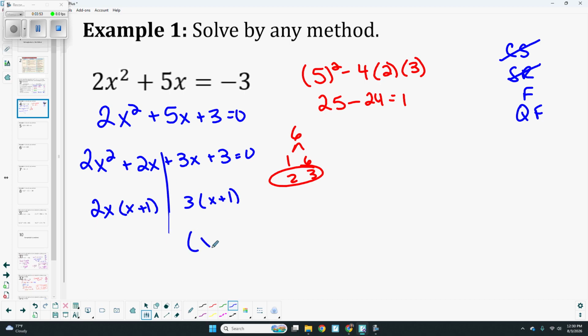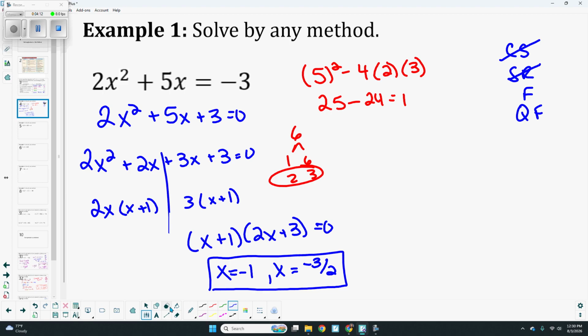So we're going to get x plus 1 times 2x plus 3. Solving each of these, x plus 1 equals 0, x equals negative 1; 2x plus 3 equals 0, x equals negative 3 halves, or negative 1.5. All right, so I chose to factor on this one.